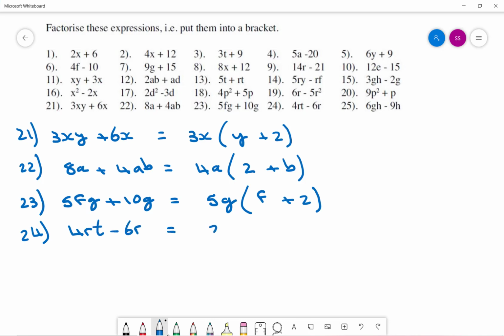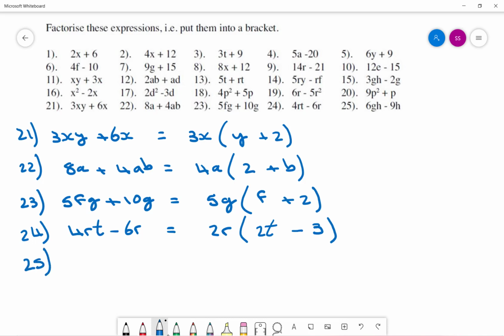Our common factor here is going to be 2r. 4rt divided by 2r, that's going to give us what? That's going to give us 2t. And then our last bit, minus 6r divided by 2r, is going to give us minus 3.